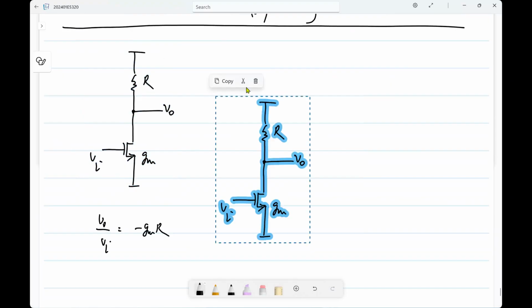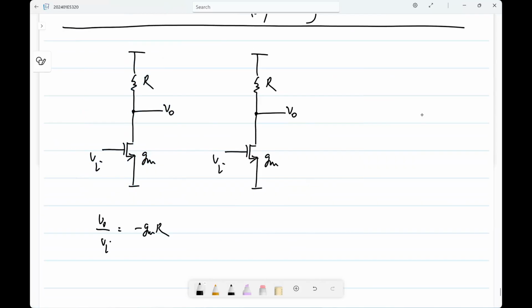Let's say I have a capacitor CL. Then what will be V0 by Vi? Minus GMR over 1 plus SCLR. Basically, this RC parallel combination has an impedance R by 1 plus SCR.